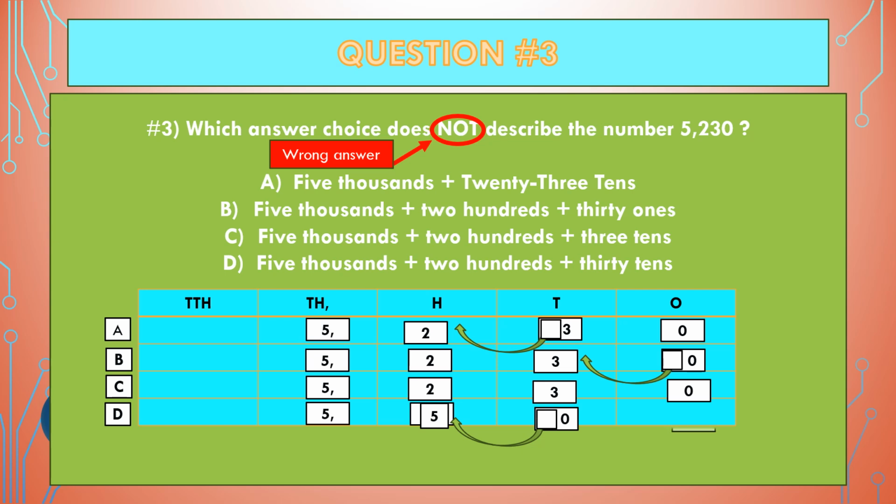So I end up with 5,500, and that's it, which means that answer choice D is the only answer choice that does not describe 5,230. Now, if you need to pause your video to make notes and create this place value chart like I have on my screen, go ahead and do so now.